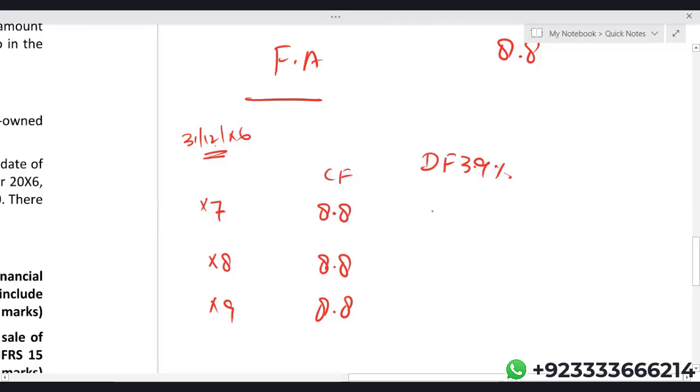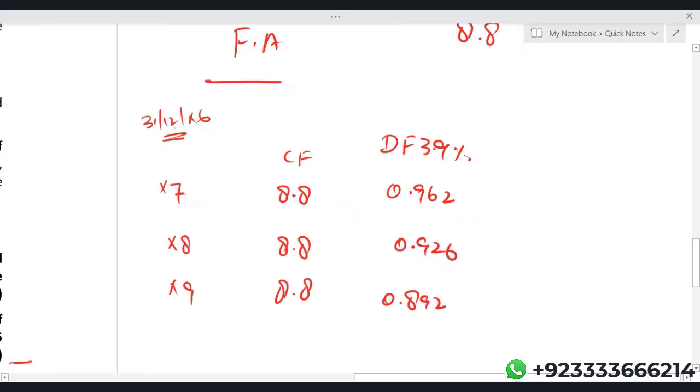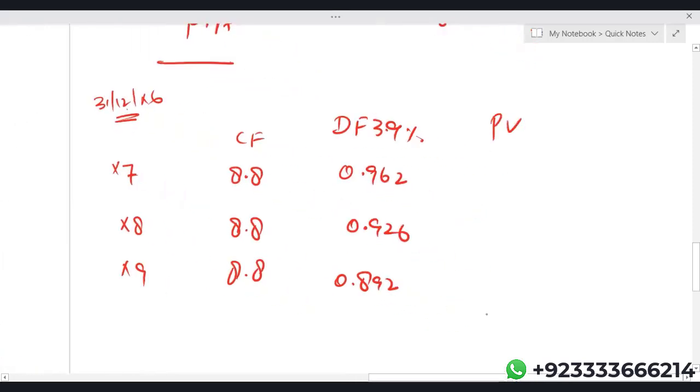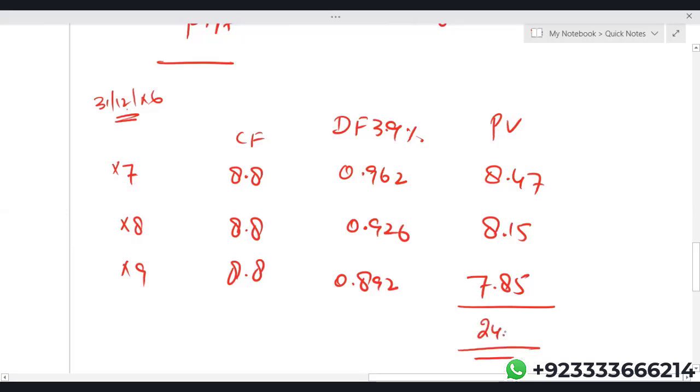The discount factor the first year is 0.962, then 0.926, then 0.892. Present values: 8.8 multiplied by 0.962 gives me 8.47. 8.8 multiplied by 0.926 gives me 8.15. And this. So I'm getting 24.47.